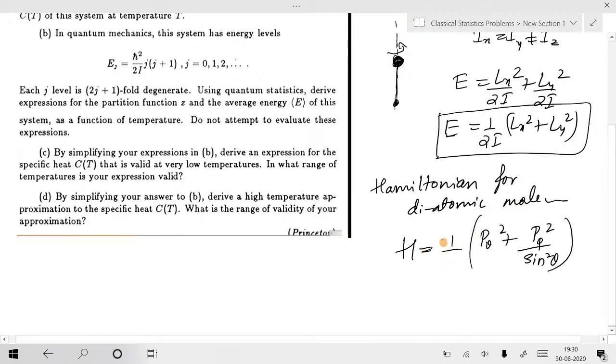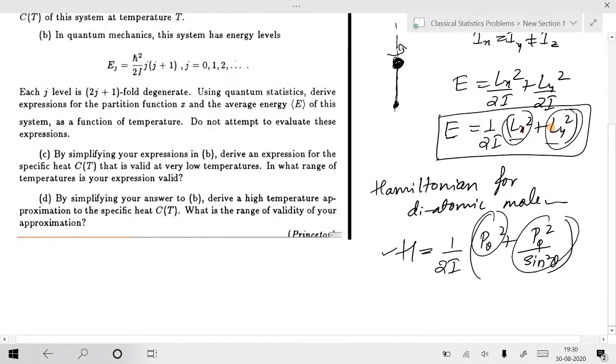So 2 into mu r naught square, where mu is the reduced mass, or I can write 2 into I itself here, where p theta is the momentum conjugate to coordinate theta, and p phi is the momentum conjugate to coordinate phi. Those are actually angular momenta, but we call them conjugate momenta. We shall deal with this in classical mechanics, but one thing you can observe here is that your energy term contains two quadratic terms. Am I right?